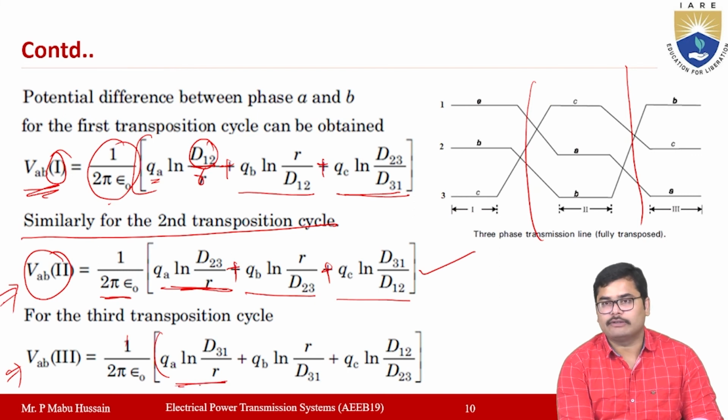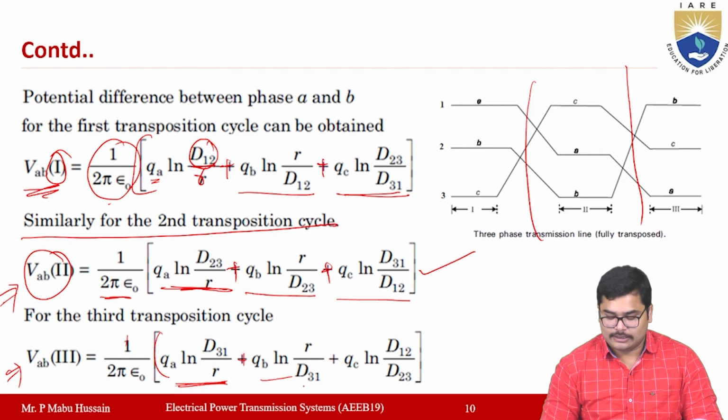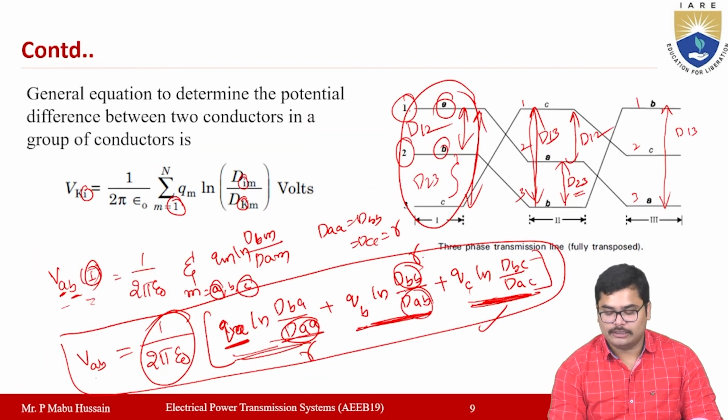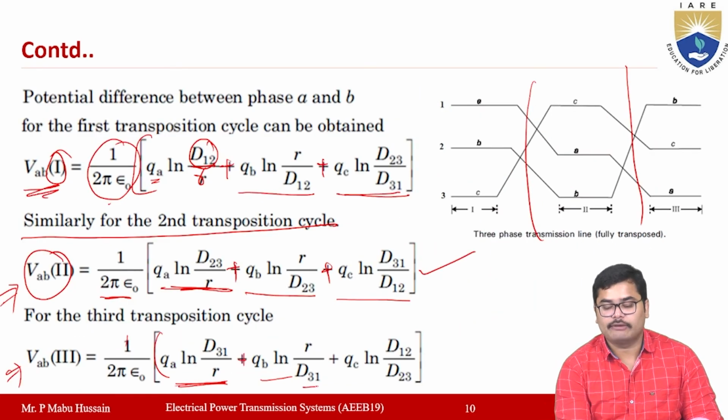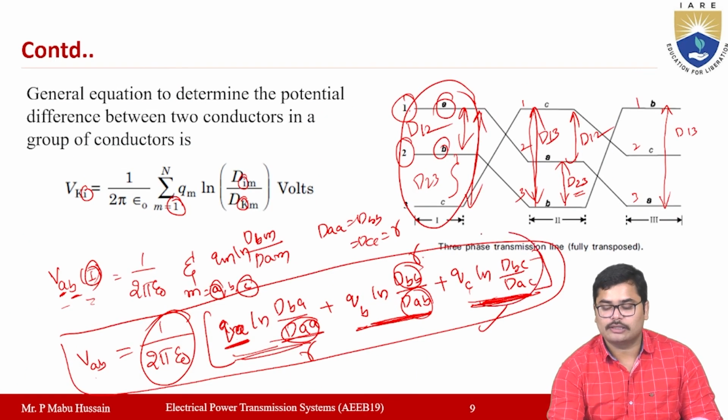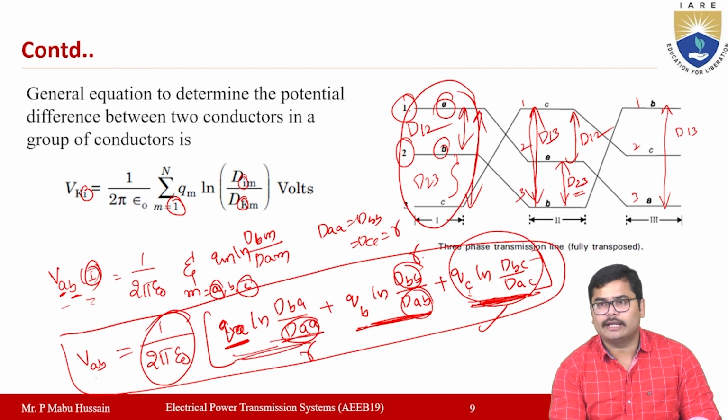D13 and D31 both are the same, so you can write QA ln D31 or D13 by R, plus QB ln R by the same expression. DAB is again the same as D13 or D31. Plus, for the third term, QC ln DBC by DAC.